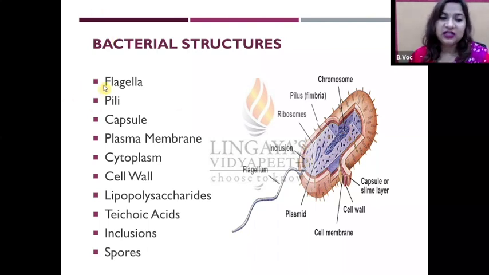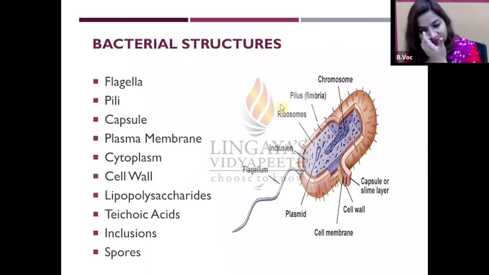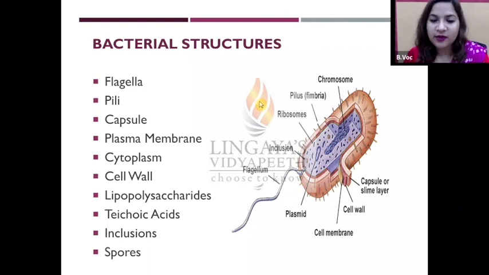So the bacterial structure consists of flagella or pili, the capsule, the plasma membrane, cytoplasm, cell wall, which can be made up of the lipopolysaccharides, teichoic acids may be there, inclusions are there, and in some of the bacteria, spores are also present. So this is the bacterial structure. Are you able to understand this bacterial structure, students?